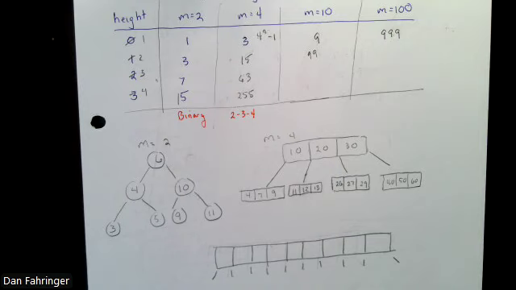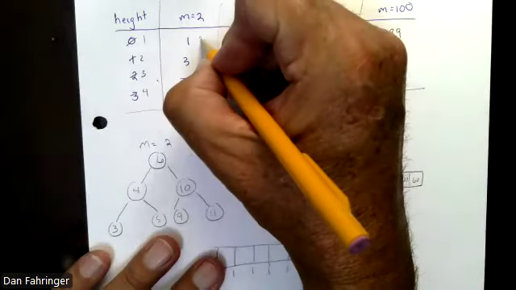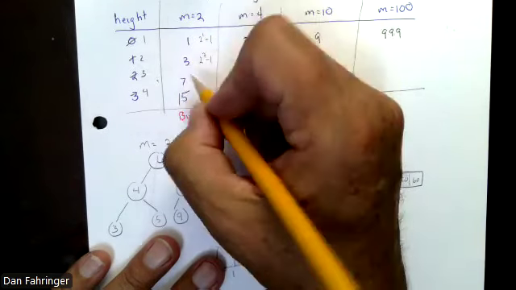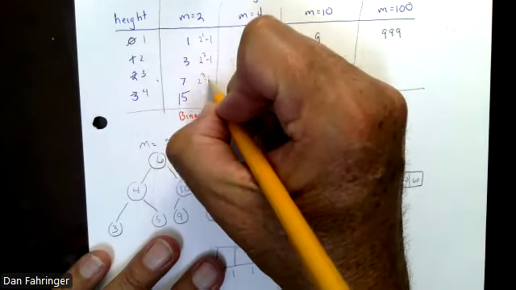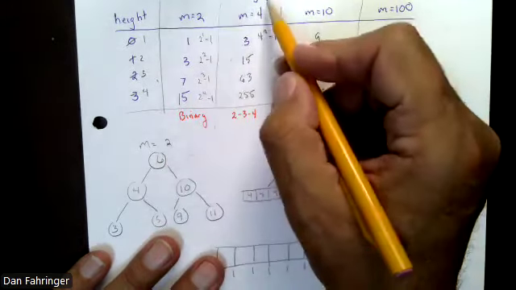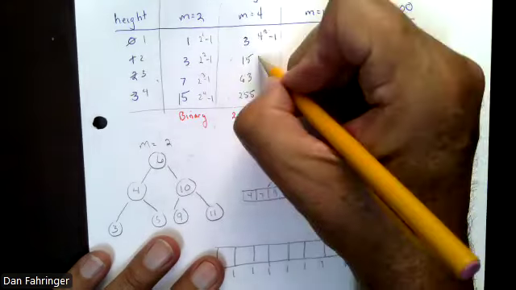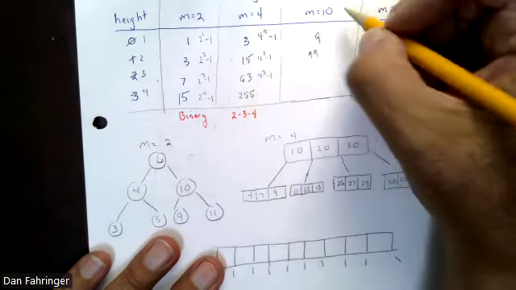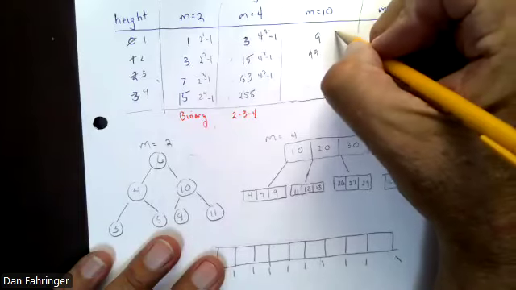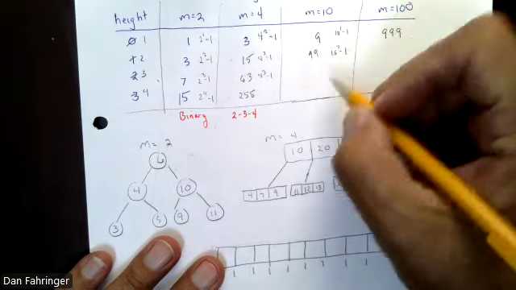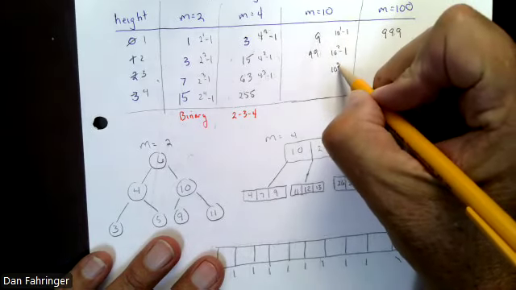Look at this. 2 to the first minus 1, 2 to the second minus 1, 2 to the third minus 1, 2 to the fourth minus 1. 4 to the second minus 1, 4 to the third minus 1. 10 to the first minus 1, 10 to the second minus 1. 10 cubed.